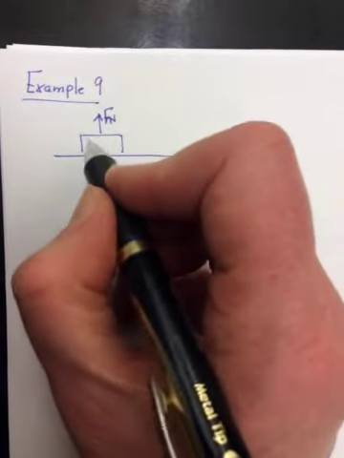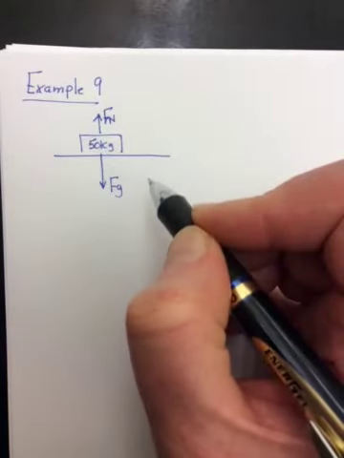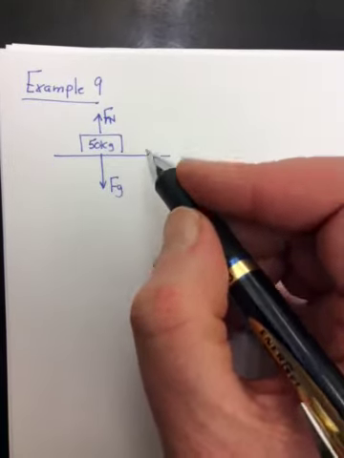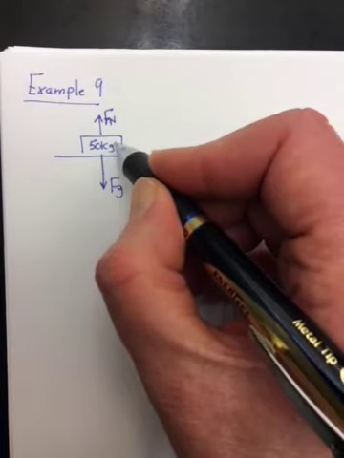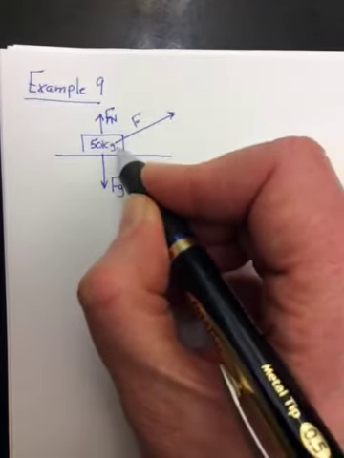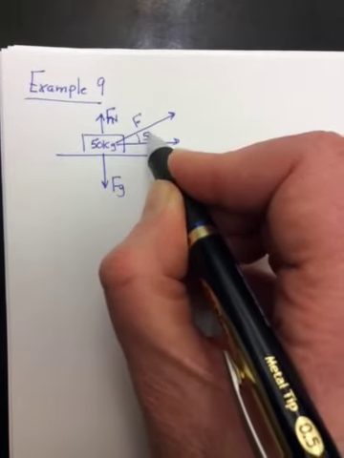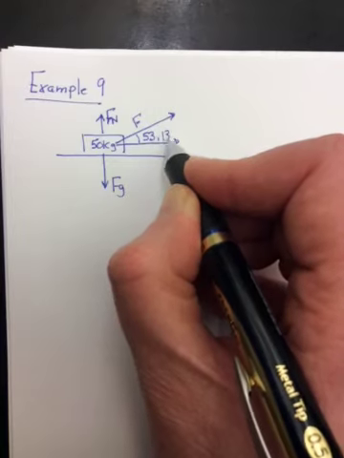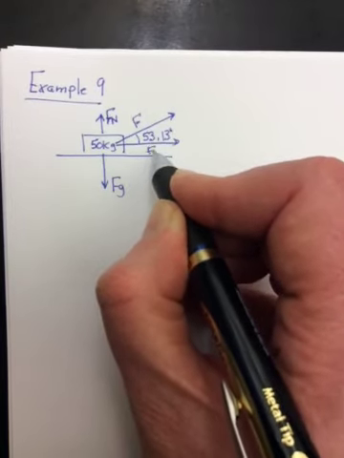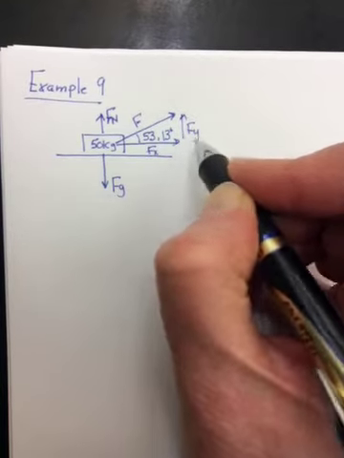It's a toboggan, mass 50 kilograms, being pulled by a force acting upward at an angle of 53.13 degrees. Okay, so it's being pulled by a force acting upward. This angle in here then is 53.13 degrees. So this will be your Fx, and this will be your Fy.